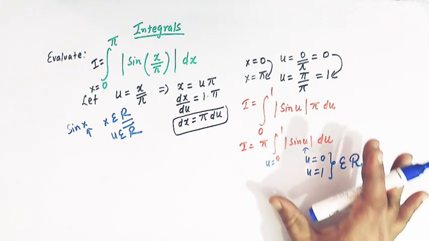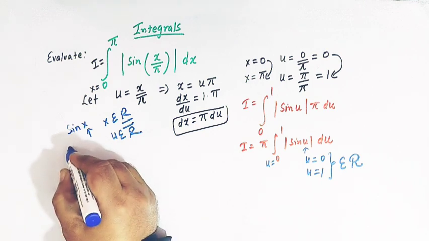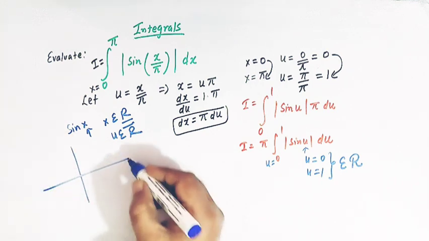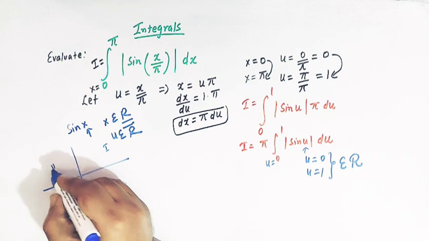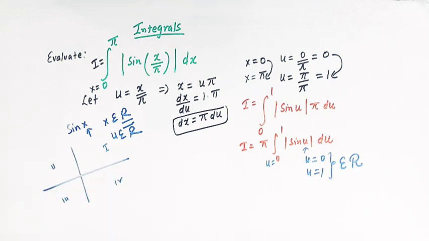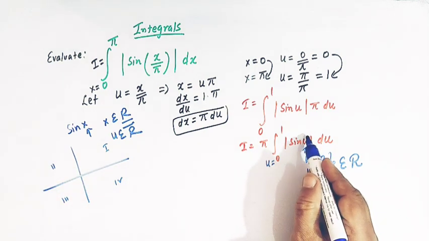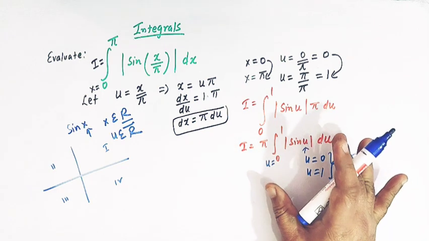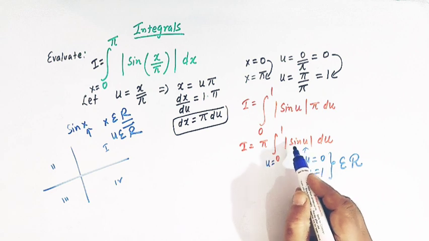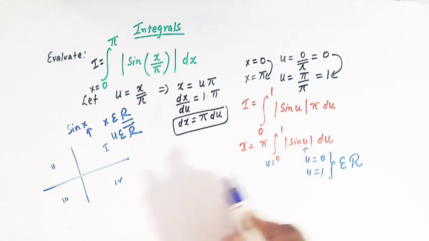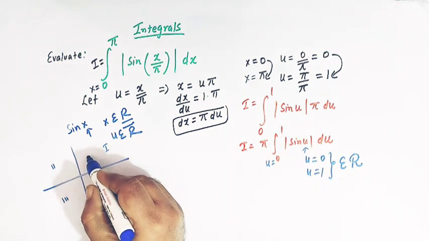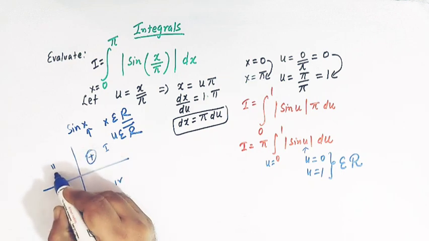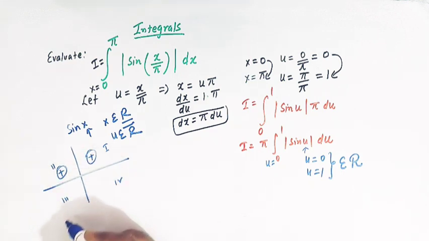The other thing is that if we take the quadrants, this is the first quadrant, this is second, this is third, and this is fourth, right? And since here we have only the sine function, we will restrict ourselves to the sign convention of sine function only. So in the first quadrant, sine function is positive, in second also it is positive, and in the third and fourth it is negative, right?